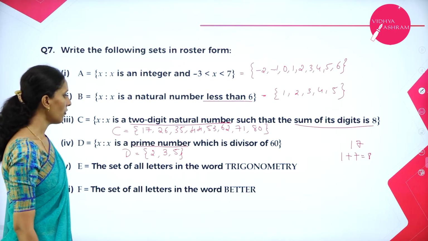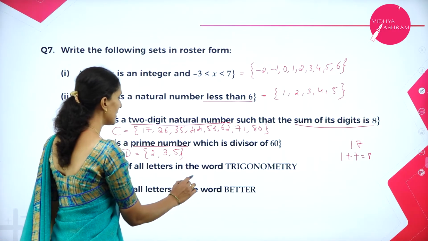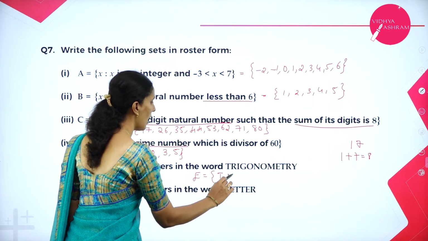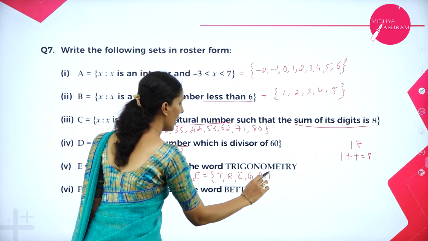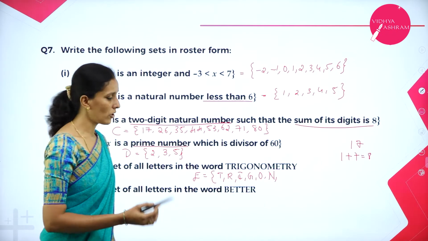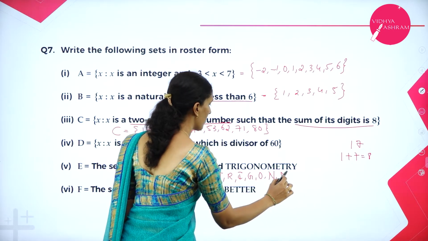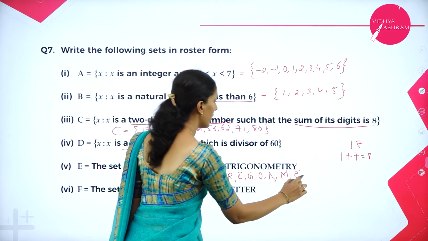E. The set of all letters in the word trigonometry, you can write set E is equal to T, R, I, G, O, N. O is not written again because it is already written. And M, E. I will not write T because it is already written.